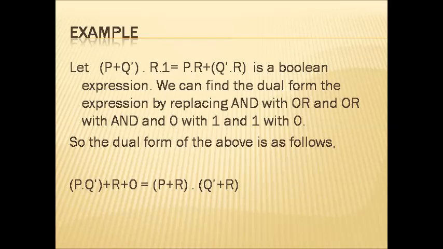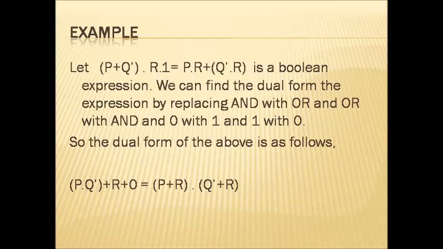The given expression is (P + Q bar) . R . 1 = P . R + Q bar . R. So here, in the case of P plus Q bar, P and Q bar are connected with the plus, so we replace that plus, or the OR operator, with AND. So that is P dot Q bar.